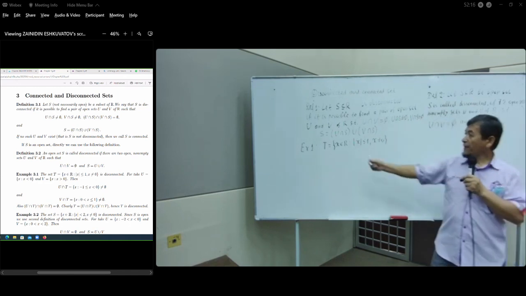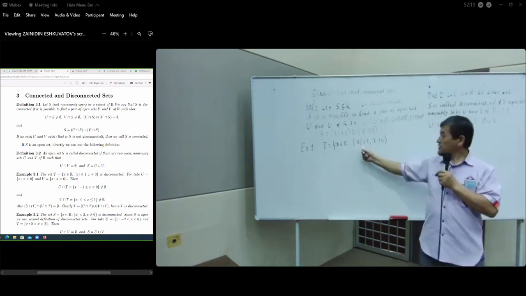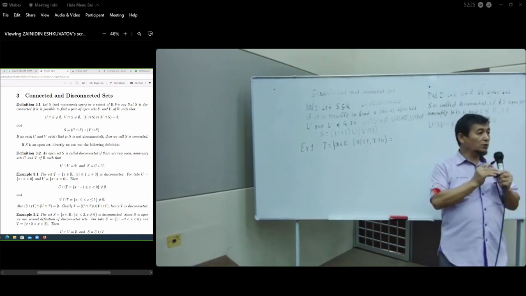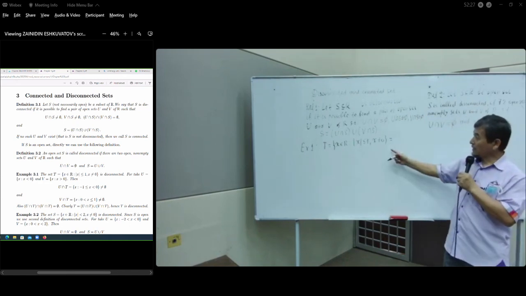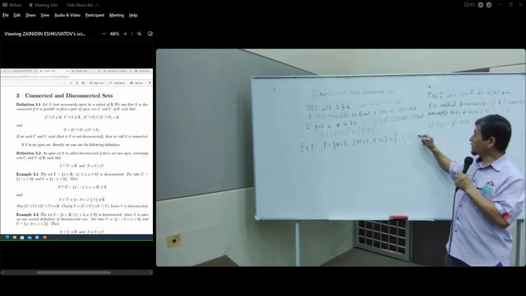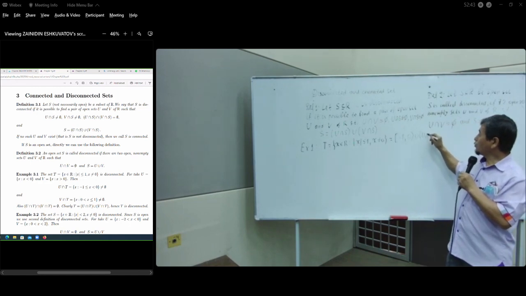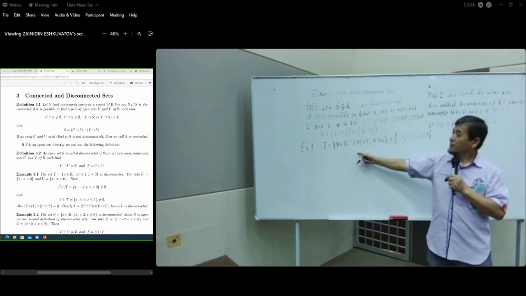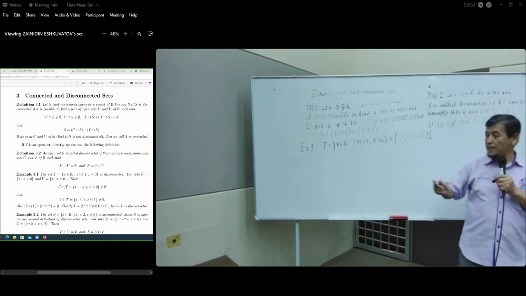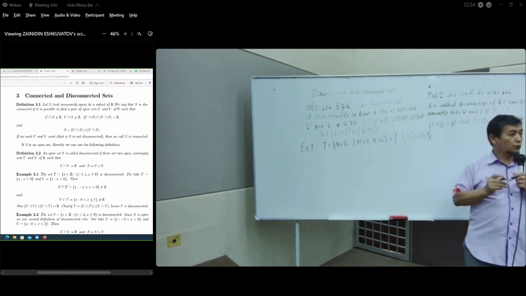If I divide the interval into two, it can be written like this: on the left side I have -1 up to 0, 0 not included, and 0 to 1. This T is equivalent to these two half-open sets.